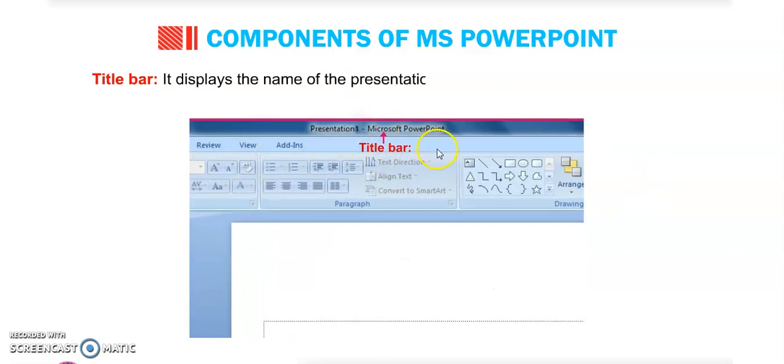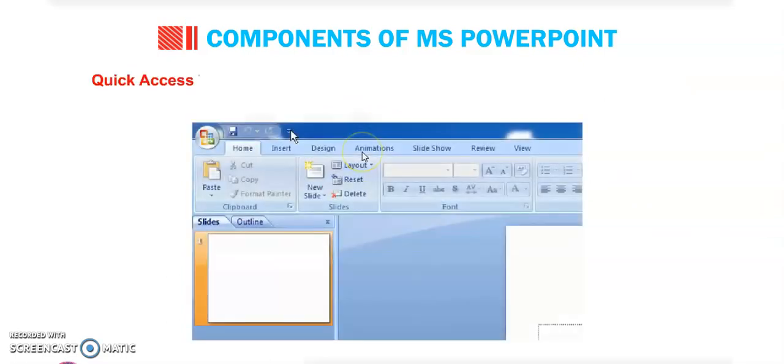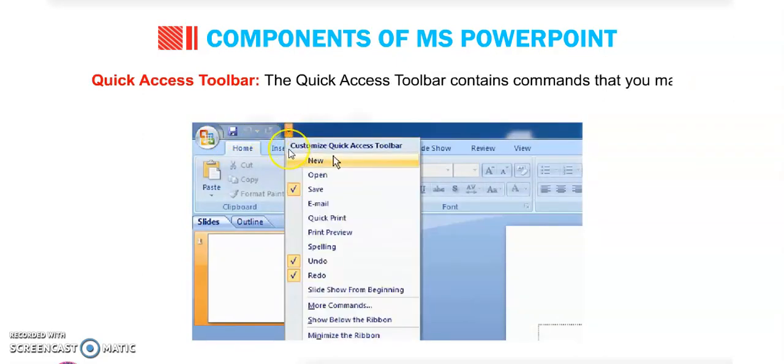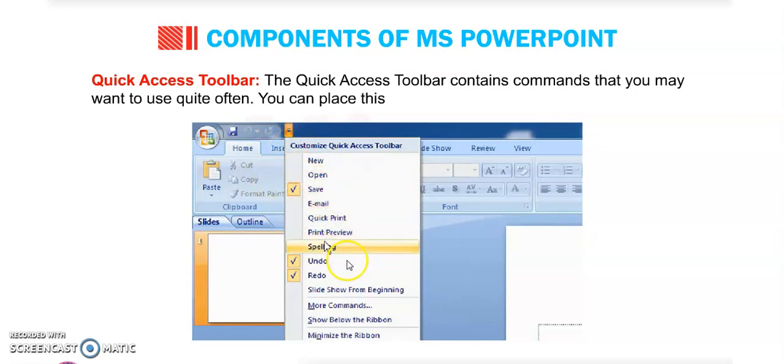It displays the name of the presentation on which we are currently working. Next is the quick access toolbar. Quick access toolbar contains commands that you may want to use quite often, like new, open, save, undo, redo.